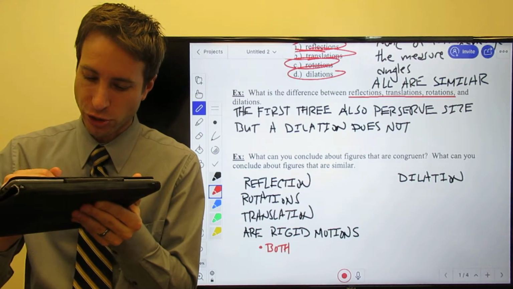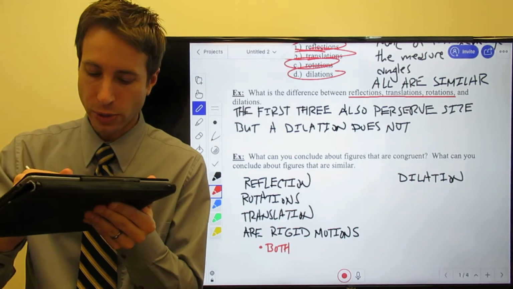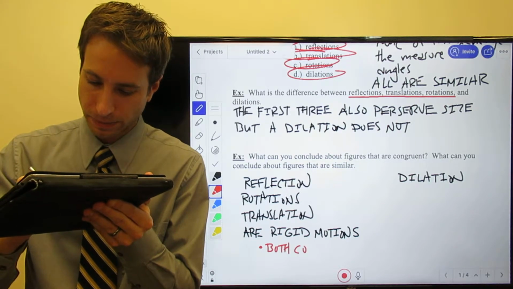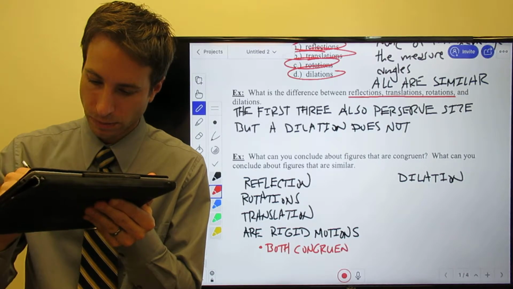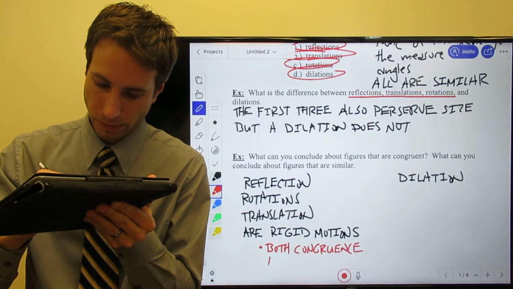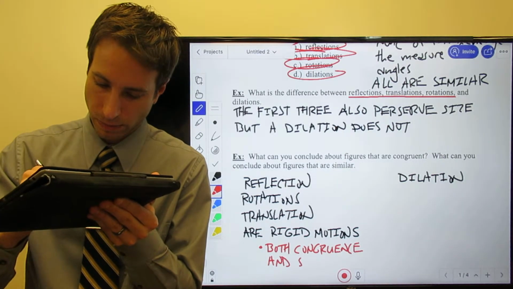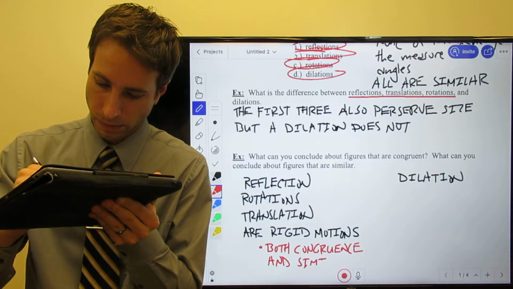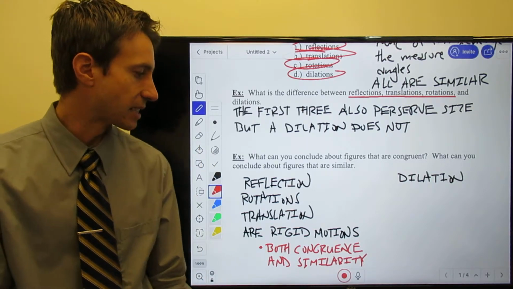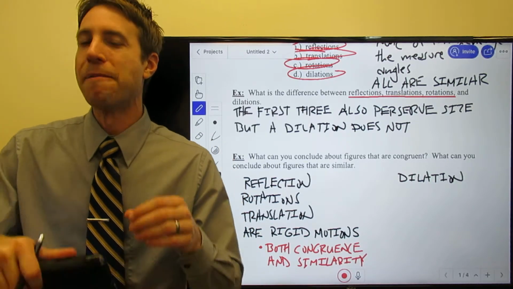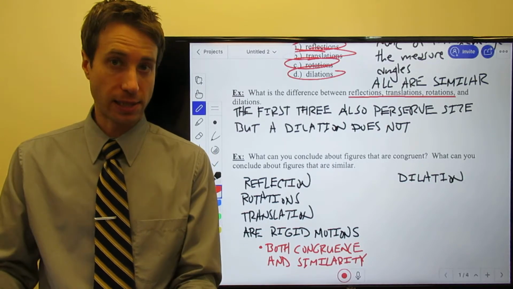So rigid transformations are both congruence and similarity. In fact, congruence implies similarity.